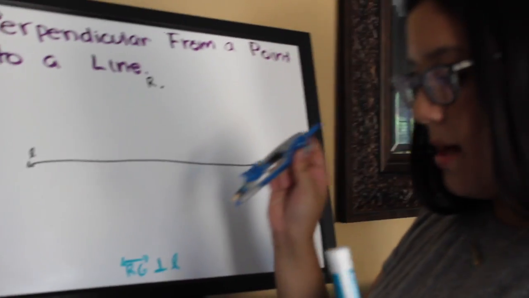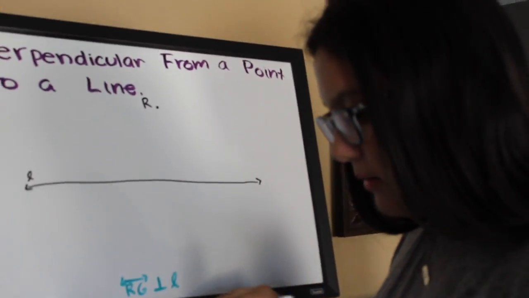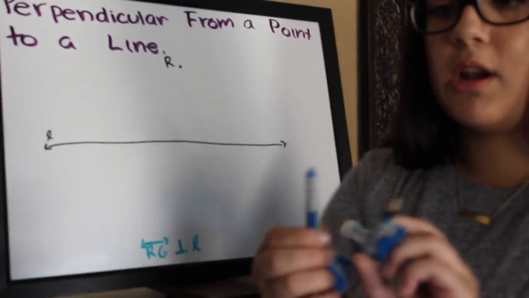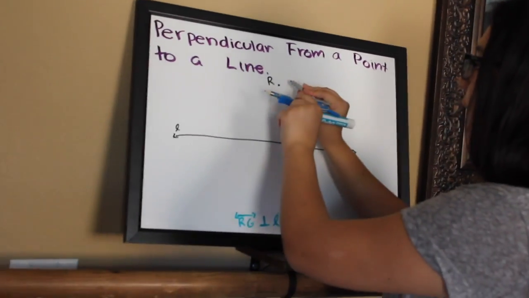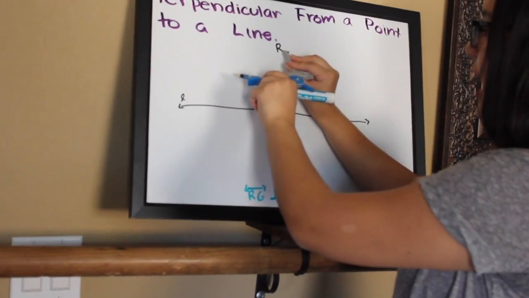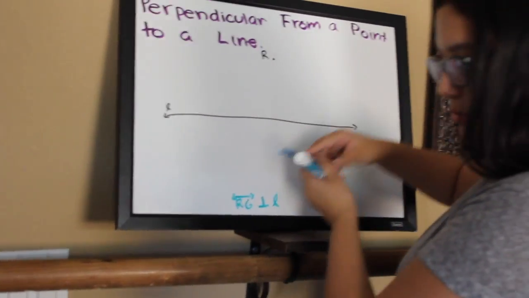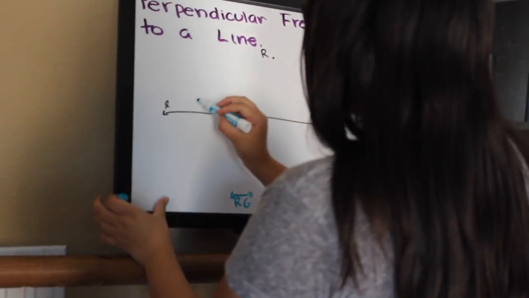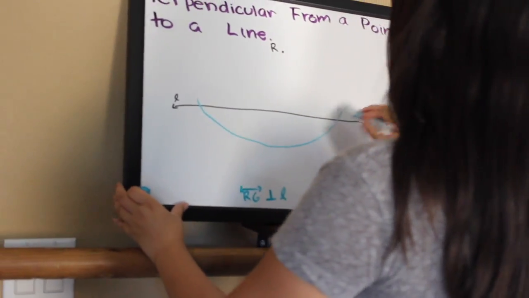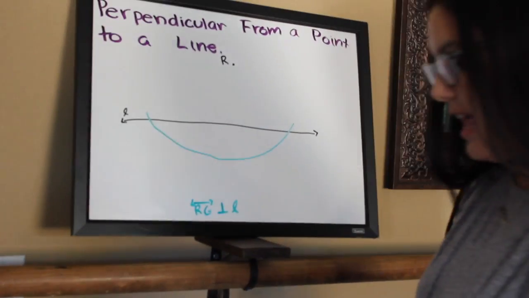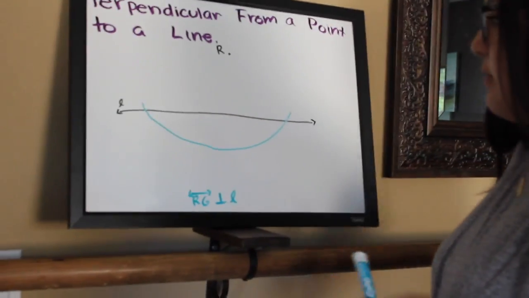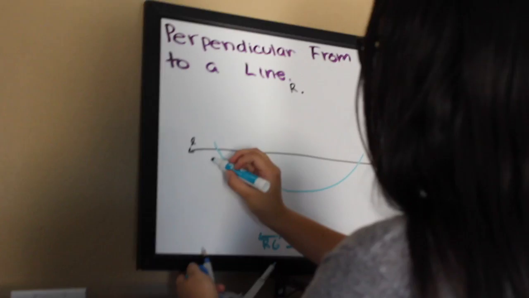So with your compass, you are going to put the pointy part on point R, and you want to swing to make this shape. And then you are going to take the compass again, and there are going to be points formed right here.